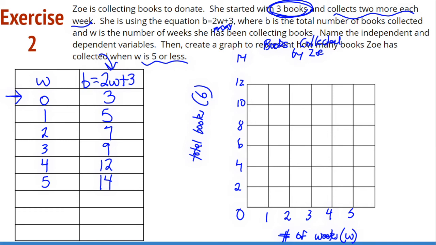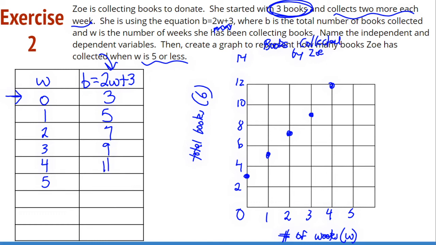So to start with, no weeks, she has collected 3 books, and 1 week we are at 5, and 2 weeks we are at 7, and 3 weeks we are at 9, and 4 weeks we are at 12. Is that right? 4 times 2, nope, we're at 11.